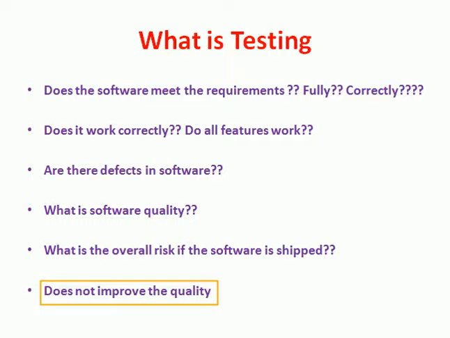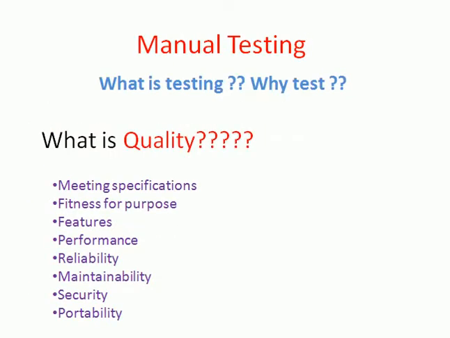So let us go back to the beginning and just do a recap on what is testing. Put very simply, testing means executing the software to find out quality related information. Testing involves finding out whether each and every requirement is implemented in the software, whether each requirement is implemented fully and correctly. Does the software work correctly?